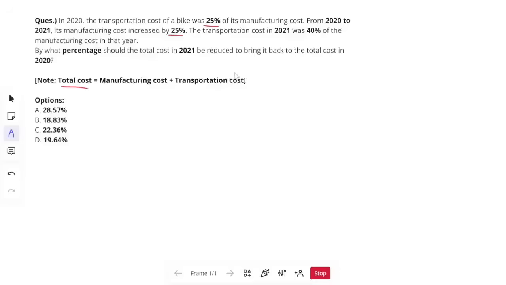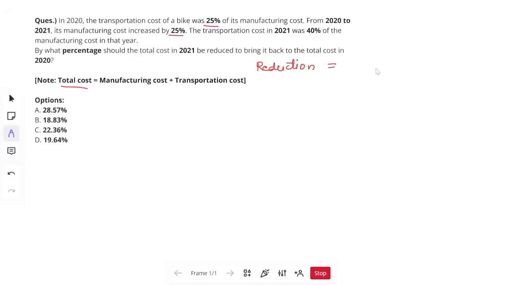So see, first thing is we need to find a few things. Okay, see what it is asking. What it is asking is, by what percentage should the total cost in 2021 be reduced to bring back the total cost in 2020. So what we can say is reduction. This can be called reduction, right? Because we are reducing things. So how can we do the reduction?